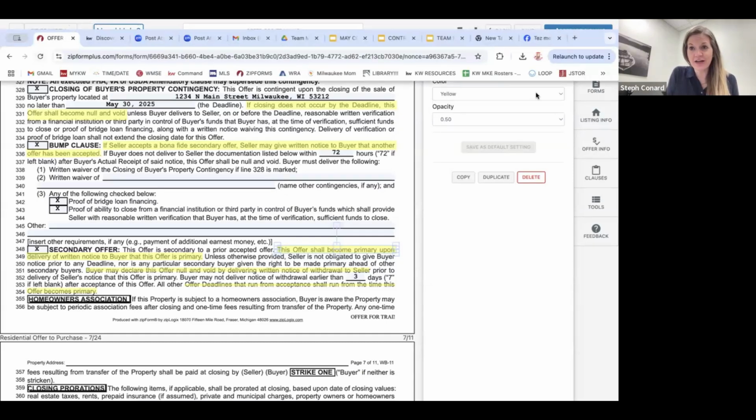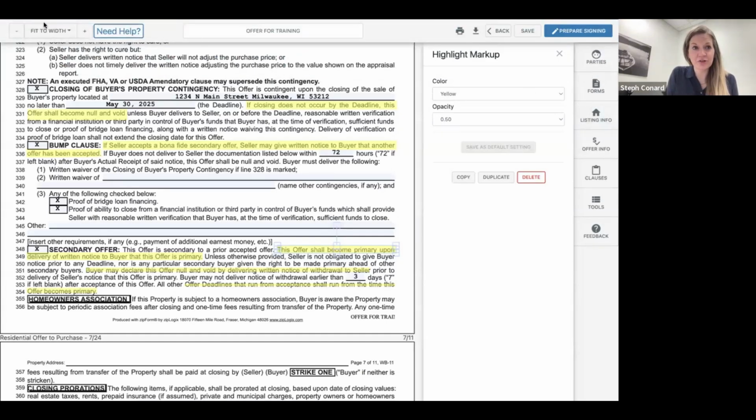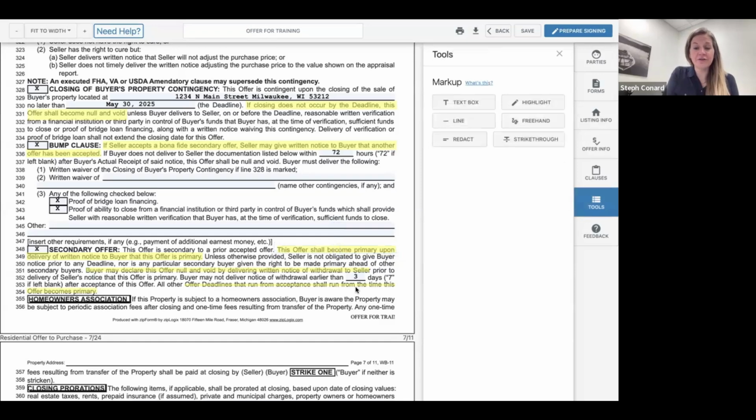then it could be the case where buyer number 2 were to withdraw prior to buyer number 1 saying that they're not able to close. So let's say buyer number 1 says, I cannot close on my home close contingency, and they did that within their 72-hour period, but buyer number 2's secondary offer was only negotiated for 2 days.